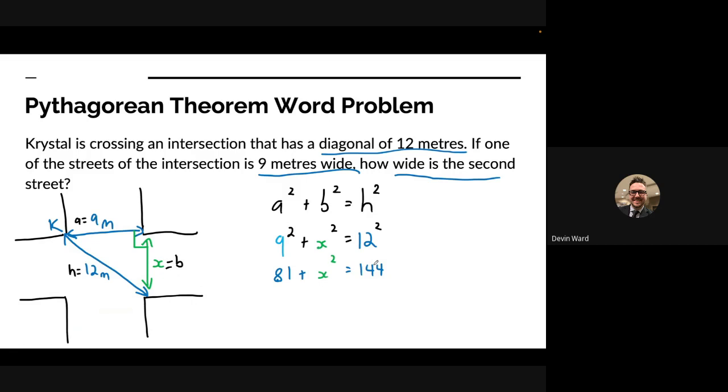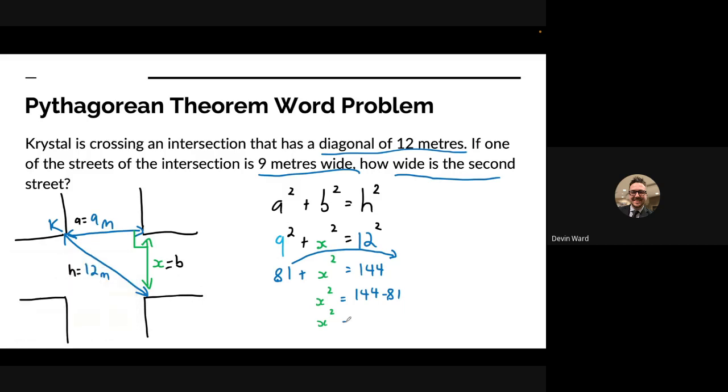Now, I need to get x by itself, but first I need to get x squared by itself. To do that, I'm going to move my 81 over to the right side. So I still have x squared, and that's going to be equal to 144 minus 81. Because remember, 81 is positive over here, so when it comes to the right, it's going to be negative.